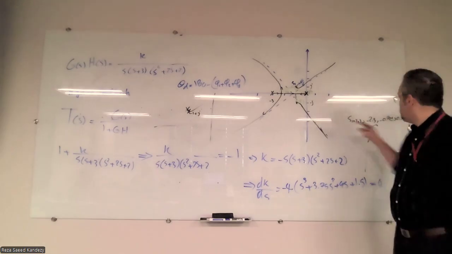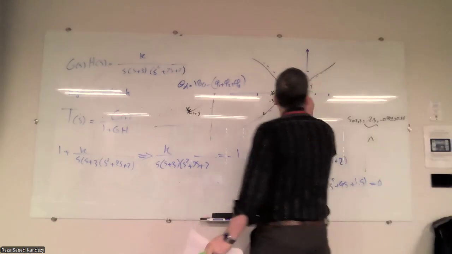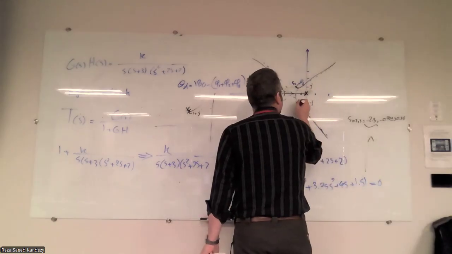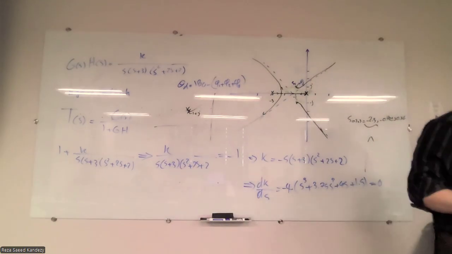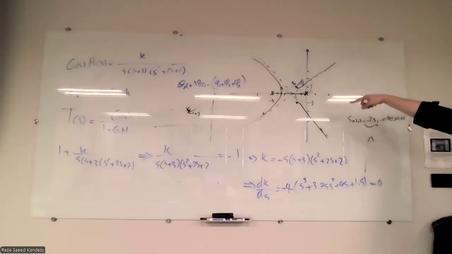This point here, which is the minimum of the trajectory, and this point here, which is the maximum of the trajectory, are going to be these two S's. So then you have a point to find out how the curve would react. Are we good? If we don't have these two S's, that means we don't have a min and max on those two curves, so it's a straight strip.